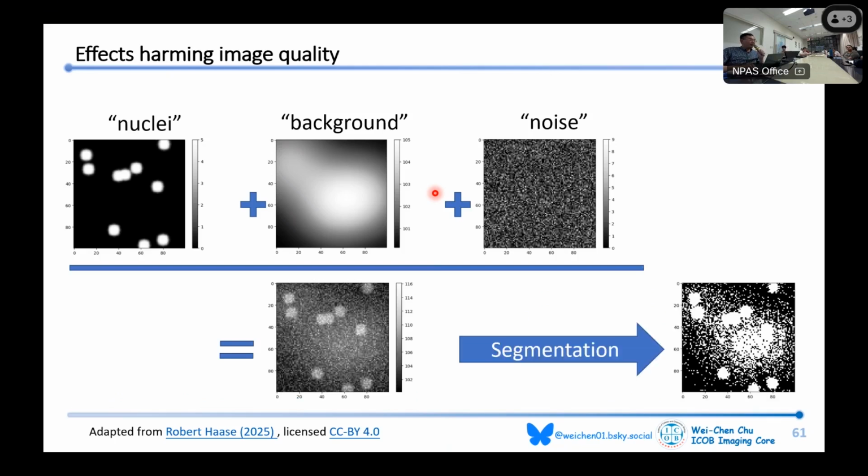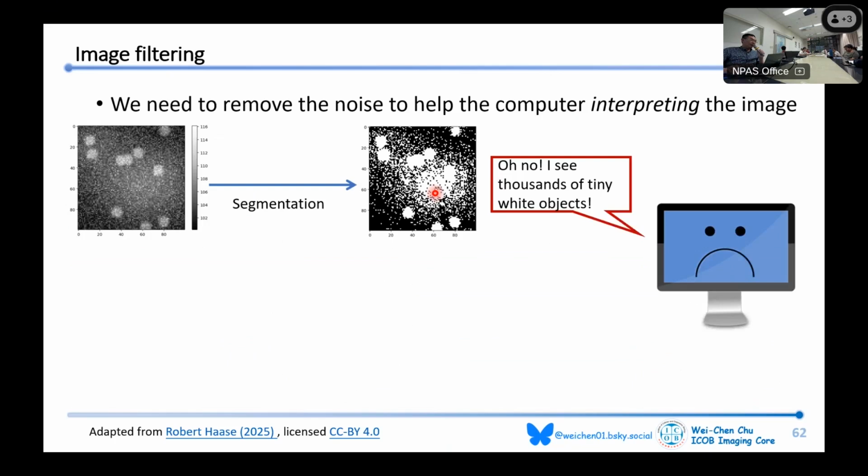If you use this kind of not so good image for segmentation, you get a bad result. For those bad segmentations, the computer will recognize thousands of tiny objects, not a big nucleus. They just recognize thousands of objects.